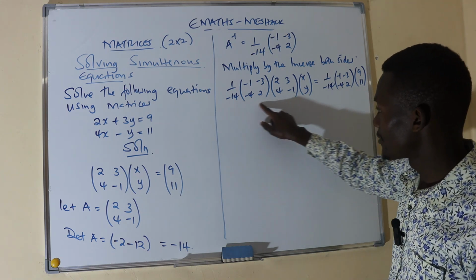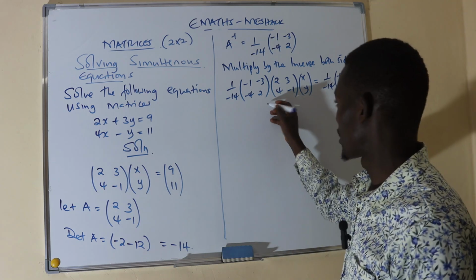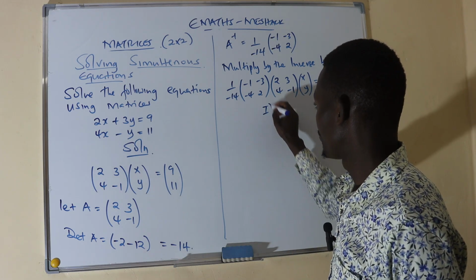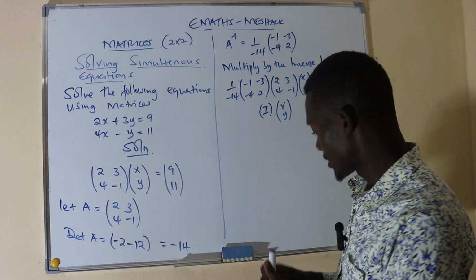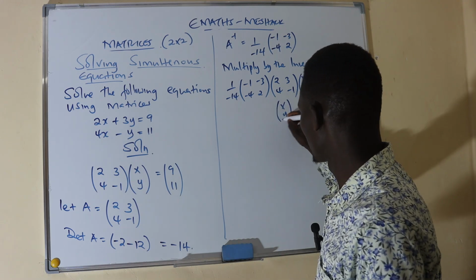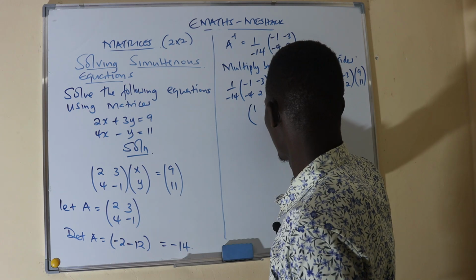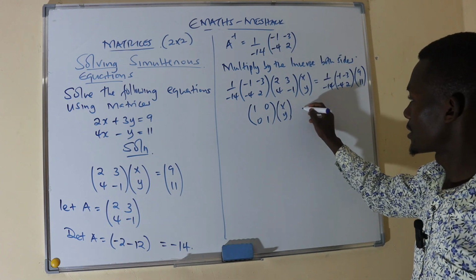So if this is the inverse of A and this one is A, we'll have the identity matrix I, and we have our X and Y. Our I can be written in full form as 1, 0, 0, 1.